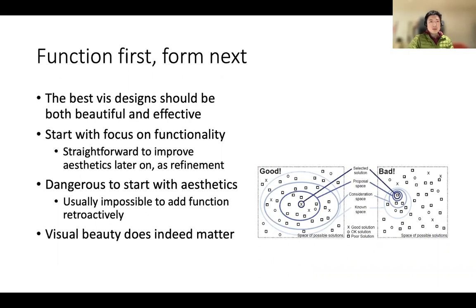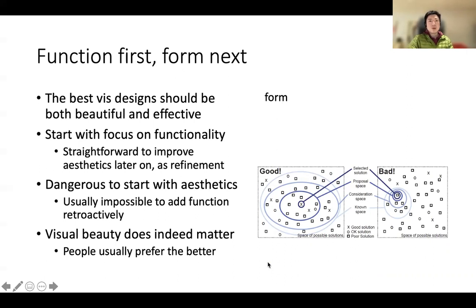Okay, and visual design or beauty or form is actually quite important as well. In the real world, people usually prefer a better form.